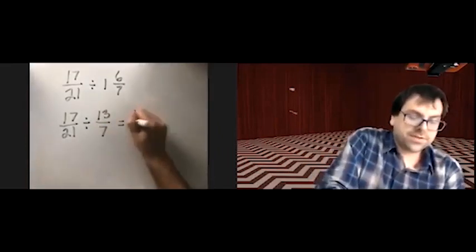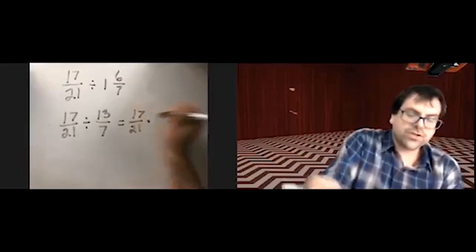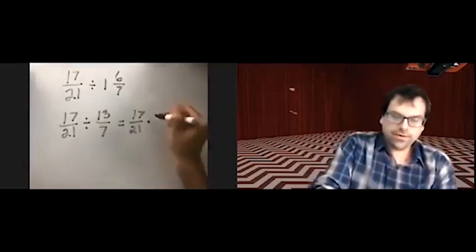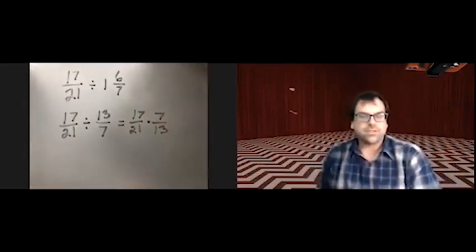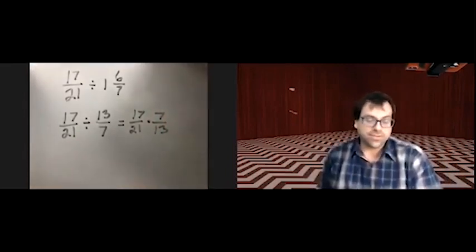Keep the first, change division to multiplication, flip the second. 17/21 times 7/13.